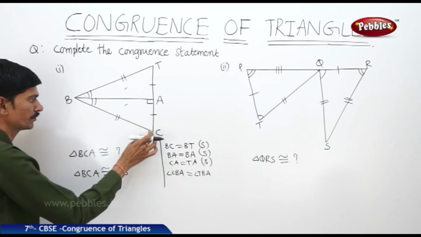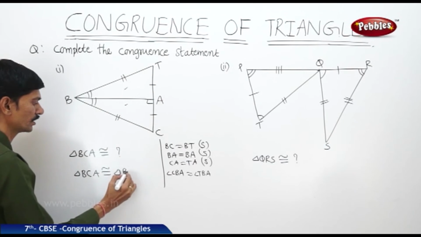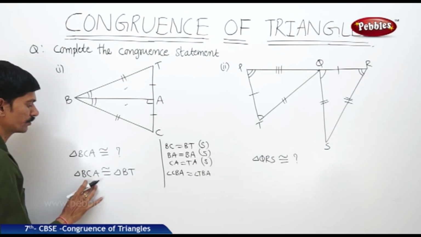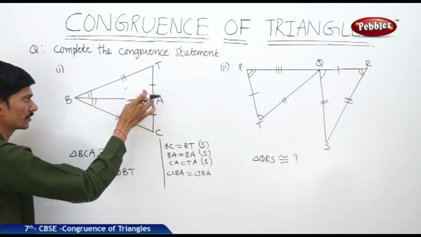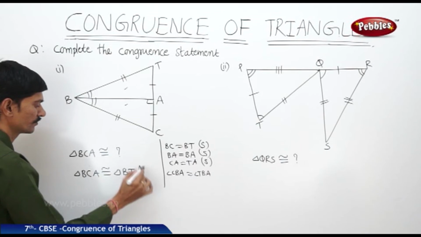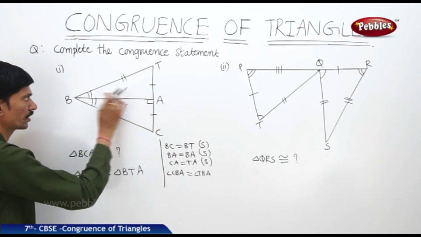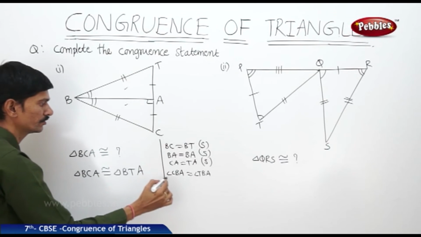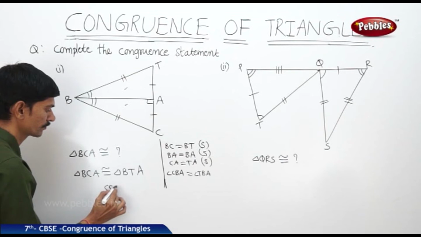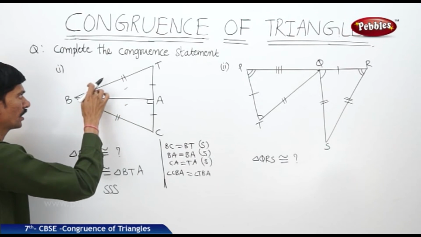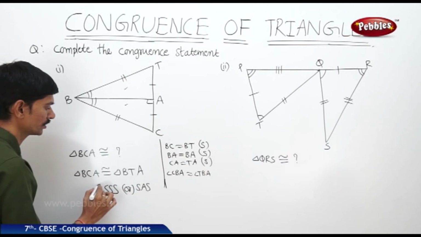The corresponding angle of C in BCA is T, so we can write T here. And what is the corresponding vertex of A? A is also the common vertex, so we can write BTA. So triangle BCA is congruent to triangle BTA. We can use both congruence criteria, SSS or side angle side, SAS.